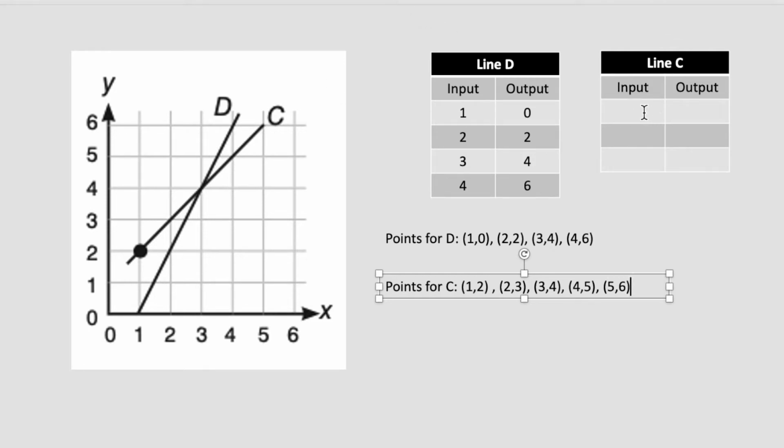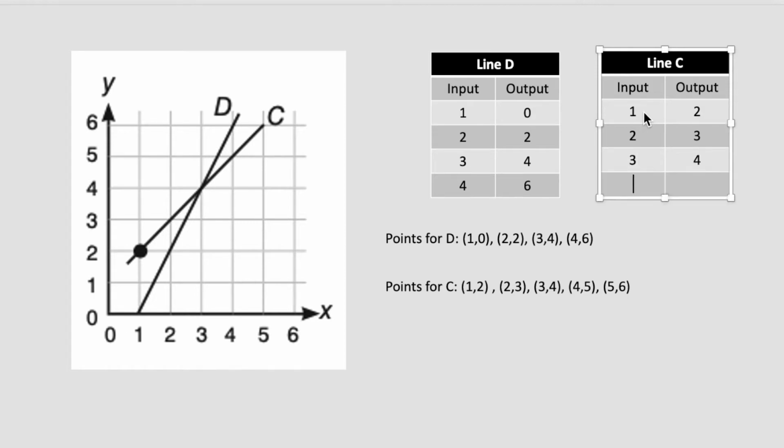Okay, now I can easily plug this into my input-output table. And 5. Now, finding the formula for the C is going to be easy.